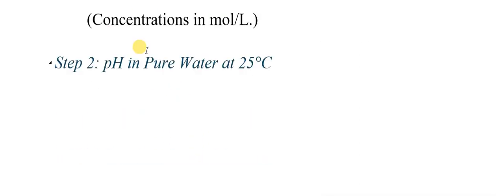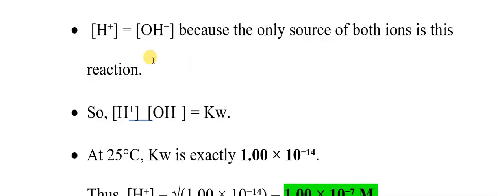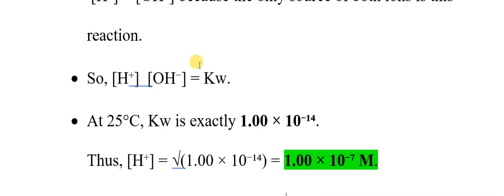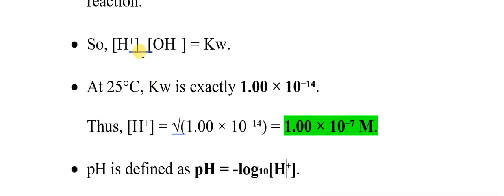At 25 Celsius, in pure water, as a result of auto-ionization, the number of hydrogen ions is equal to the hydroxyl ions. At 25 Celsius, the value of Kw is exactly 1 multiplied by 10 to the power minus 14. You can also say only 10 to the power minus 14 at 25 Celsius.